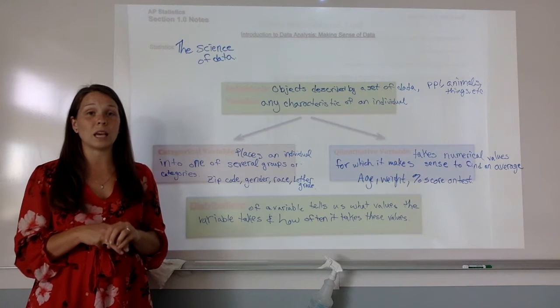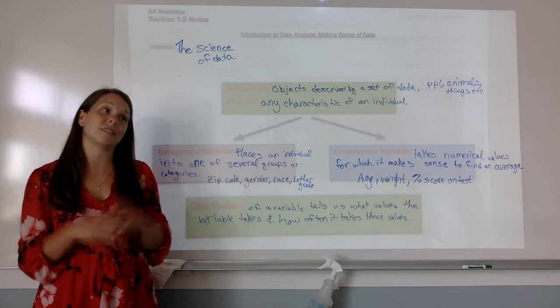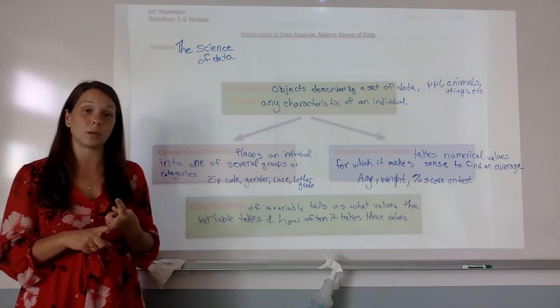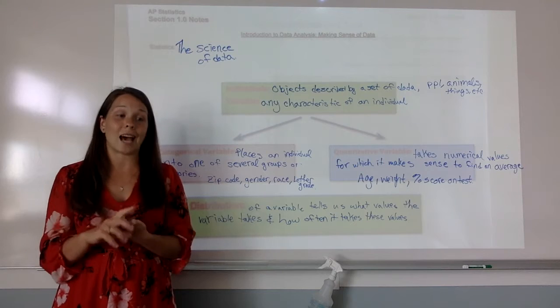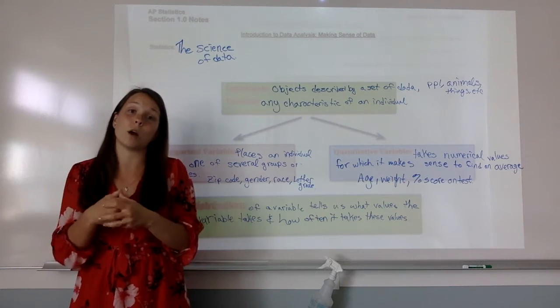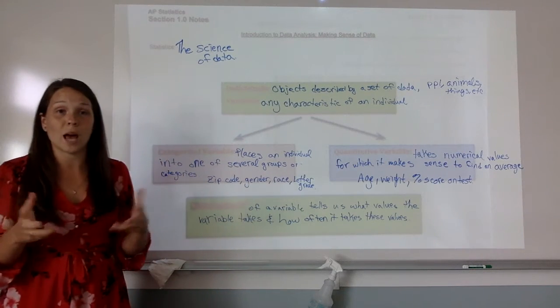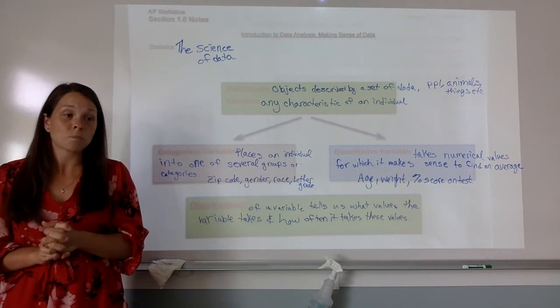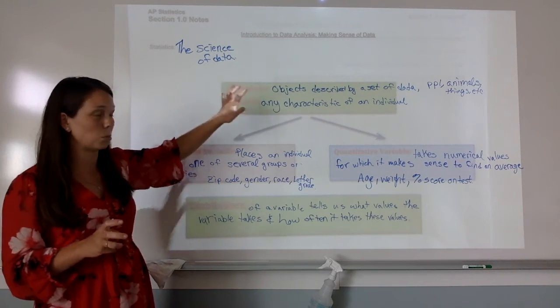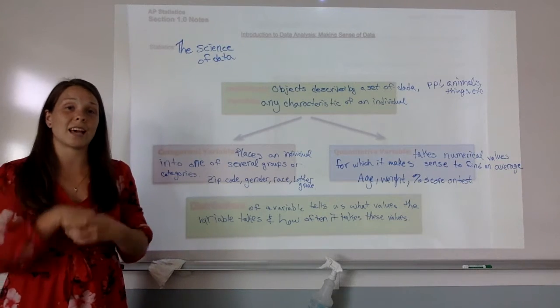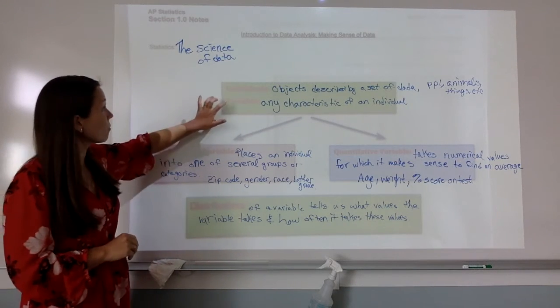So that could mean we could have data on people or animals or plants or objects, right? We could have data on food, the number of orange M&Ms within a bag of M&Ms. So know that individuals is not just people, it's whatever thing the data is describing.